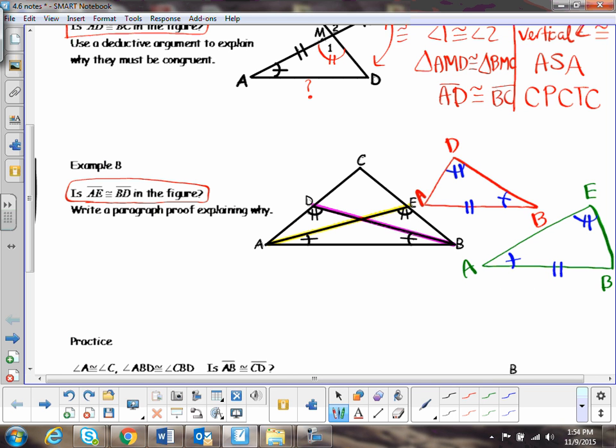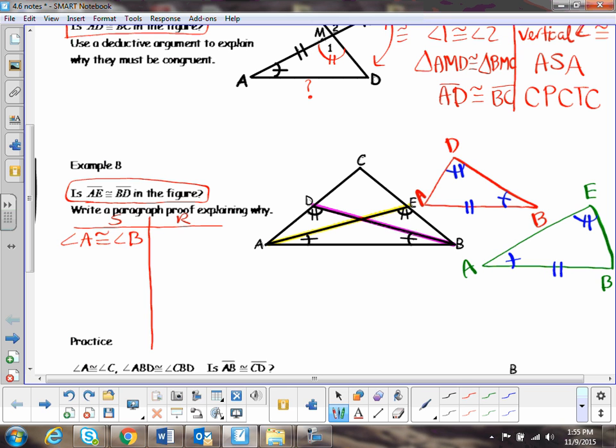Let's draw a little table right here: statements and reasons. What do you want to mark first? Angle A is congruent to angle what? B. Is there more than one angle A? There is, right?